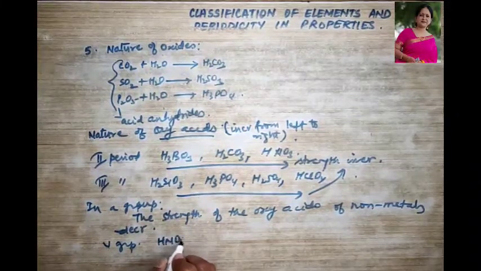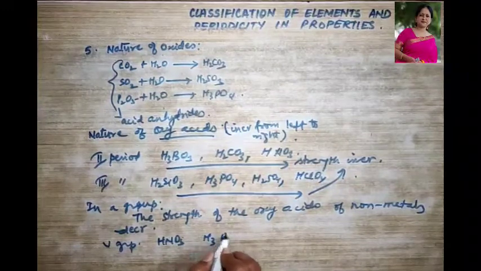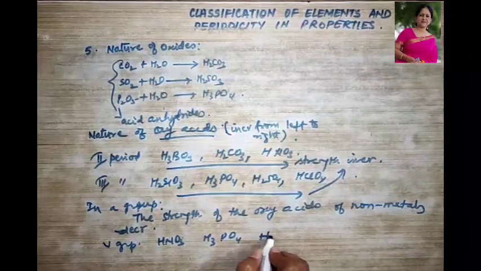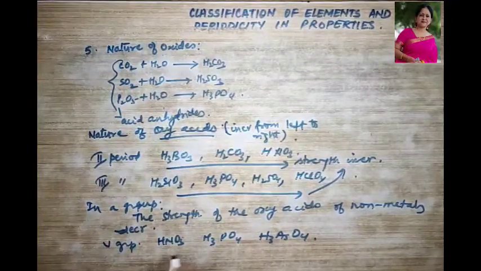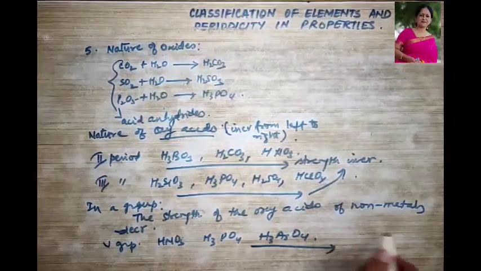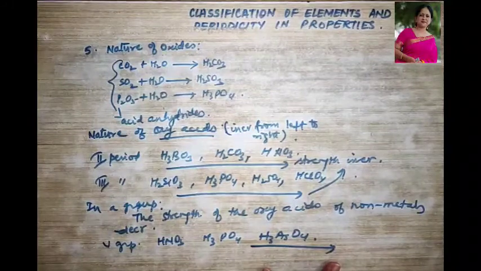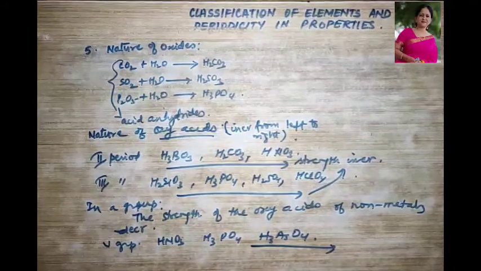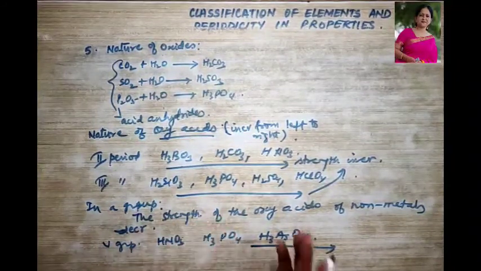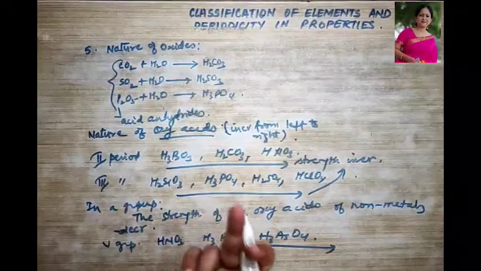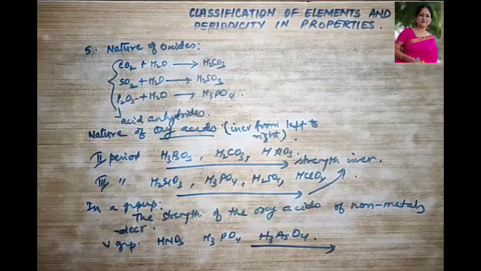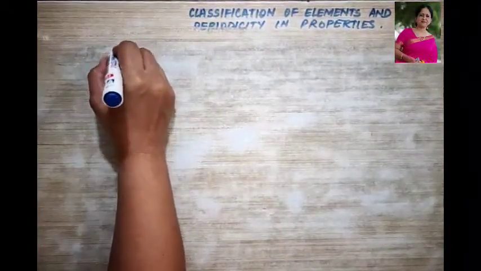It is HNO3, H3PO4 or H3AsO4. So what are we studying over here? Again, the strength increases this side. Right. So if a non-metal forms a number of oxyacids, then the strength increases with the increase in the percentage of oxygen. Do remember that.